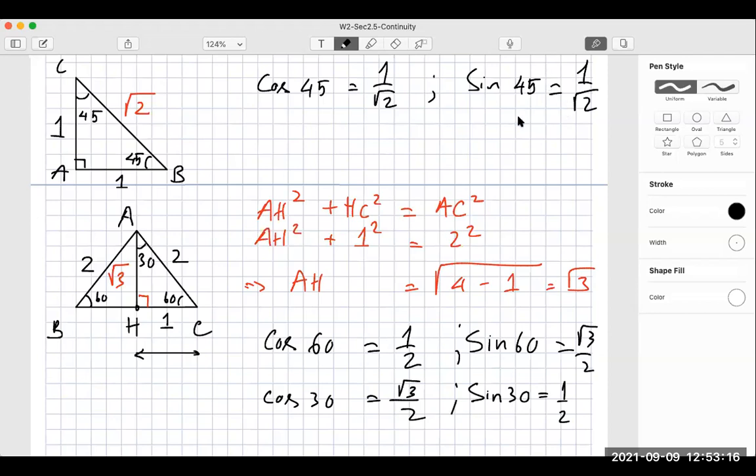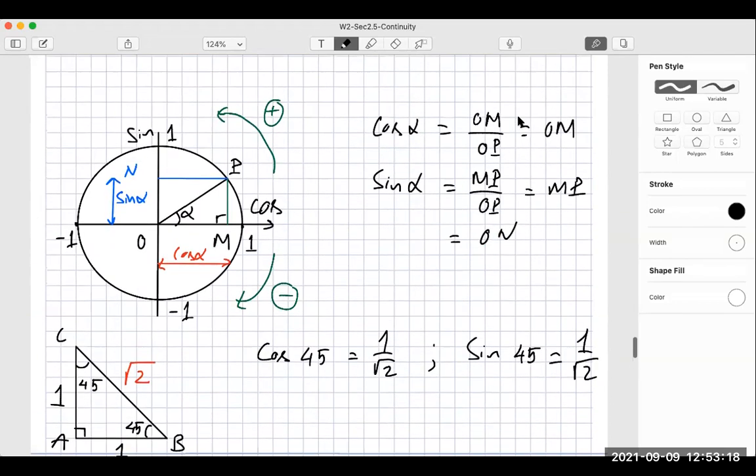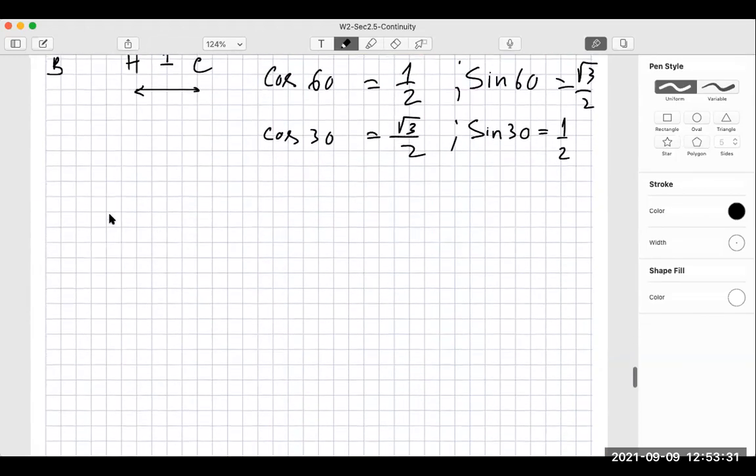Okay, now go back to the unit circle here. If we go from 0 to pi/2, sine will go up to 1, right? Now let us play with some special angles.